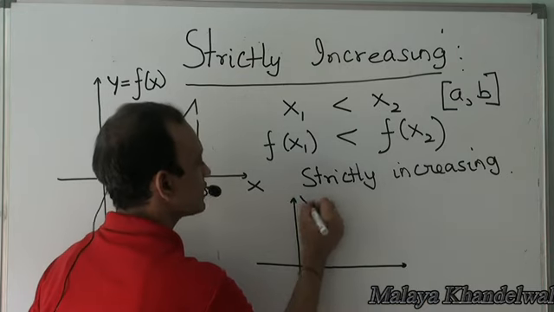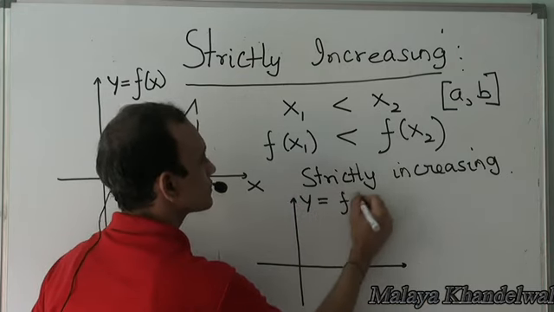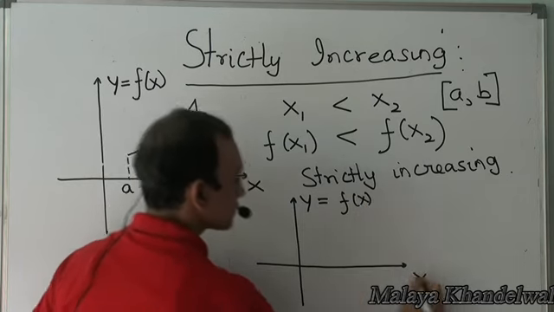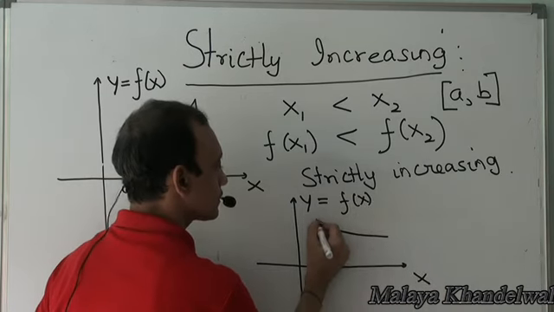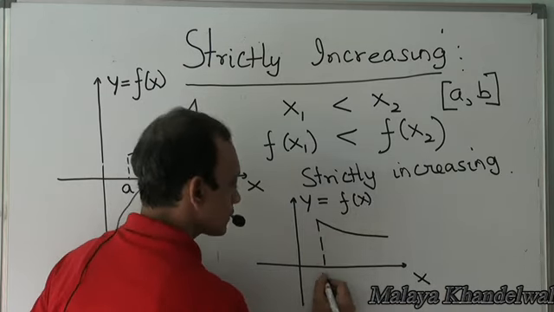if I had something like this, a to b, then for every x1 less than x2, you find that f of x1 is greater than f of x2.